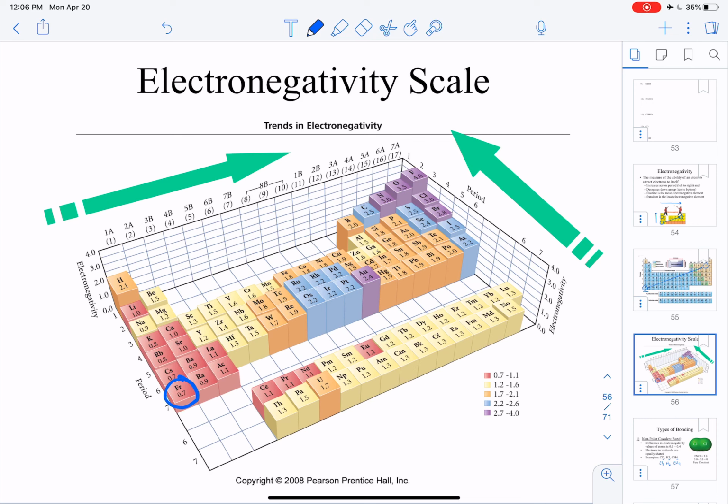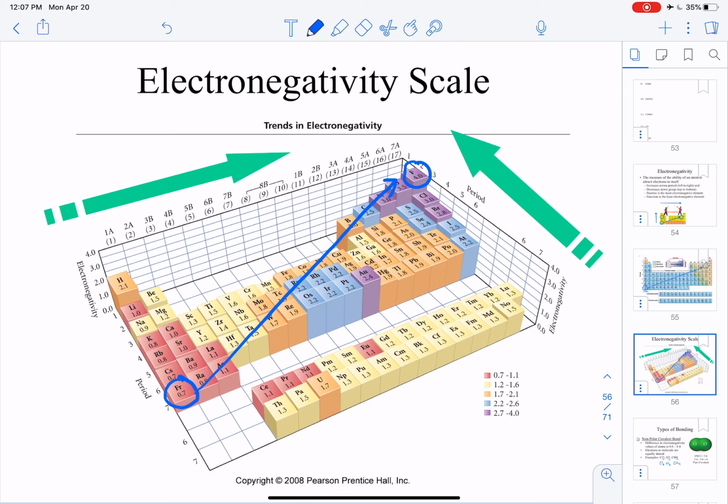Don't worry about the difference there, 0.7 or 0.8. It just means that you had some different researchers that used some different methods or calculations for these values, but they are almost identical. We can see on this chart that fluorine is also 4.0, and we still have an increase diagonally up the periodic table.